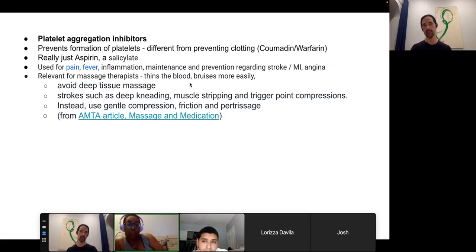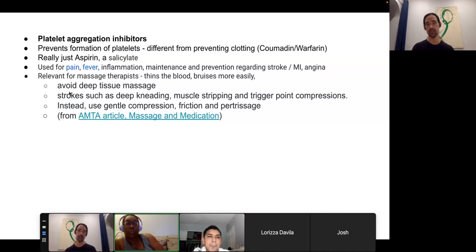Relevant for massage therapists: when someone comes in and they've been taking aspirin, regardless of what it's for, know that their blood is thinner and they clot slower, though not as much as other people who aren't taking aspirin. You might find someone taking a lot of aspirin because the ibuprofen they took for their arthritis irritated their stomach, or because they're allergic to Tylenol, which is acetaminophen.